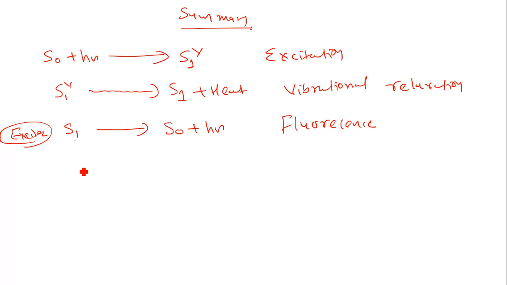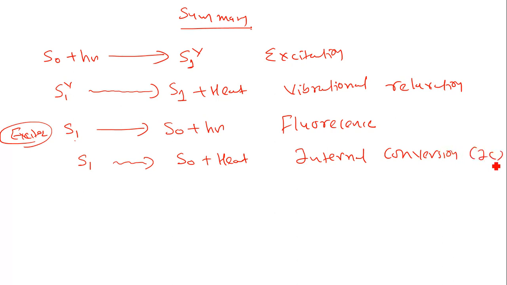Now let us understand: when S1 is converted into S0 by loss of heat, it is known as internal conversion, IC.